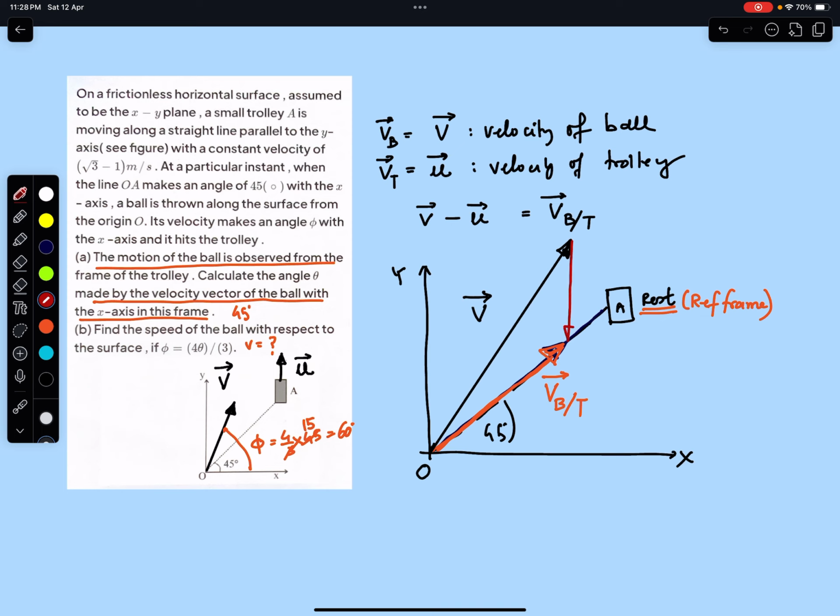So this will be minus U, with 45 degree and 60 degree.